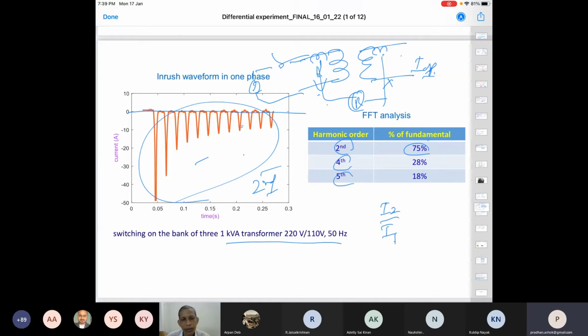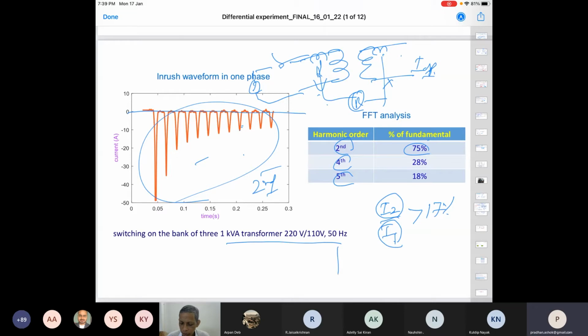So in general, the transformer differential relay, the numerical relay, detects the second harmonic component with respect to the fundamental. And if this ratio is greater than, typically in one setting, 17%, then they declare that this is not a fault, it is the inrush situation. So there are other methods also. This is one simple way of classifying the signal.